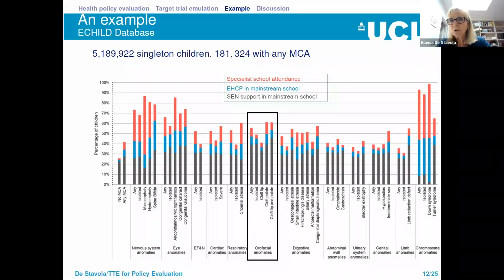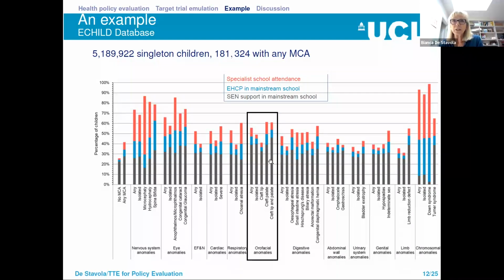The group I will discuss now are those with cleft lip and palate anomalies, so orofacial anomalies. And you can see there is quite a high proportion of support for them, up to 70% in those with cleft and palate, and a slightly lower percentage in those with lower needs. So there is a degree of severity going from left to right here, and you can see the equivalent change in support.